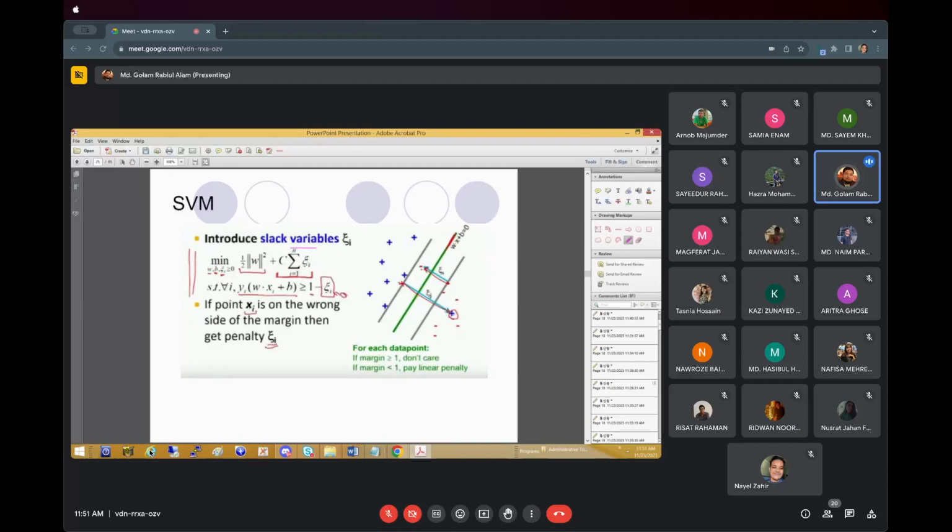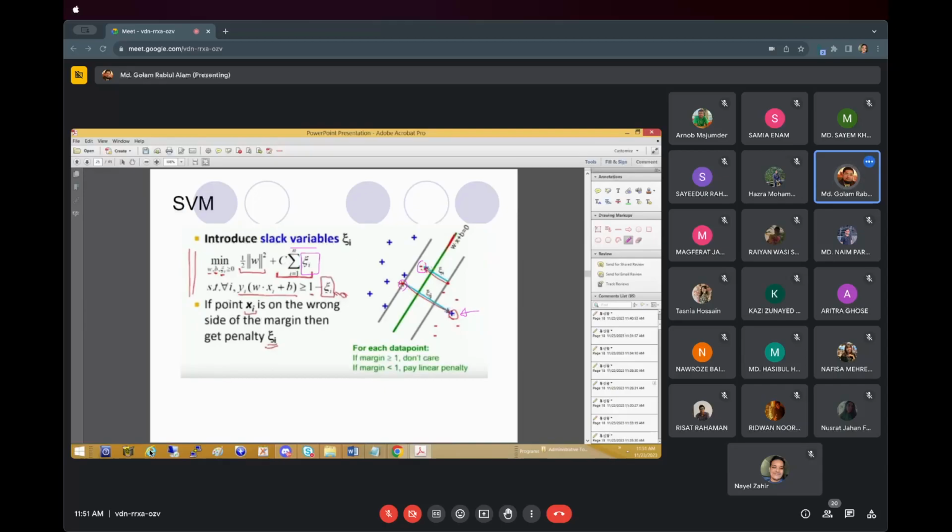That's why we have added xi of i here. What is xi? It is the distance, the slack, the positive slack for misclassified positive instances, and similarly the negative slack for misclassified negative instances.